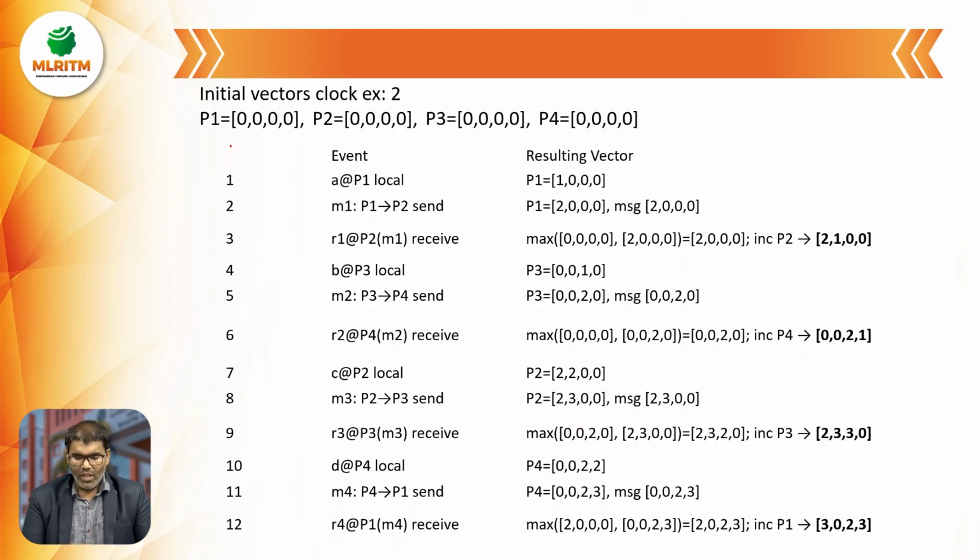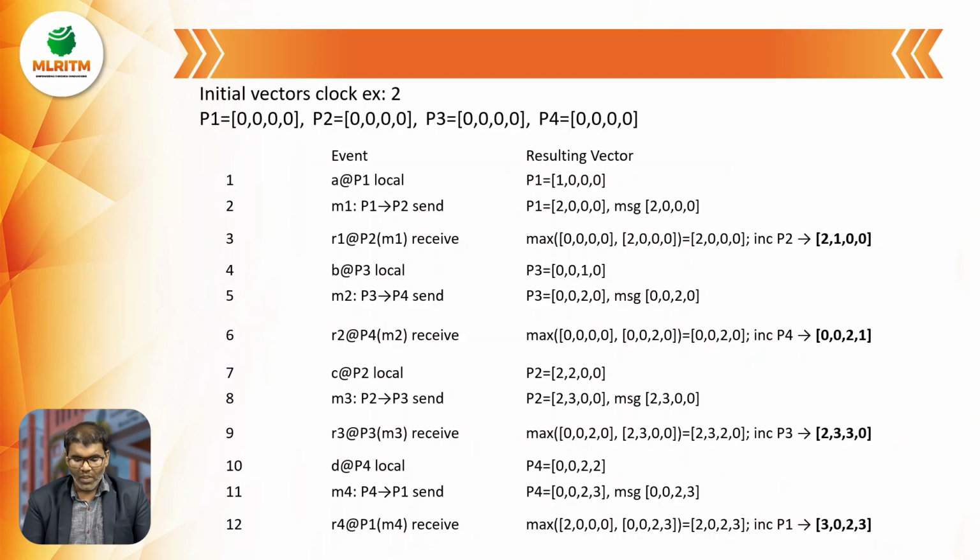So first one, a at the rate P1 local, means the result vector P1 is equal to 4 zeros. Second one, sending the message from process 1 to process 2 with M1, and here P1 is equal to 2 comma 0 comma 0 comma 0, and the message is received with 2 comma 0 comma 0 comma 0.